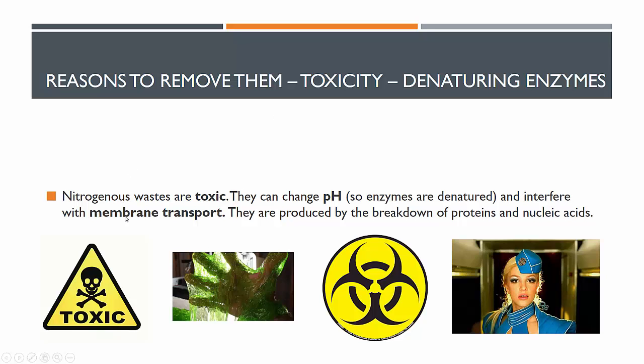They can also interfere with membrane transport, and this is pretty important when we realize that we have those sodium and potassium pumps in our membrane, and that they can move substances in and out. And so if you interfere with that, you not only interfere with the removal of nitrogenous waste, but you're also causing a chain reaction with other things. So it's a pretty important substance to remove.